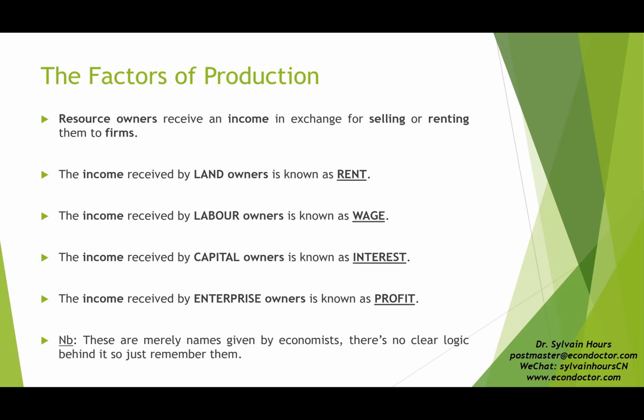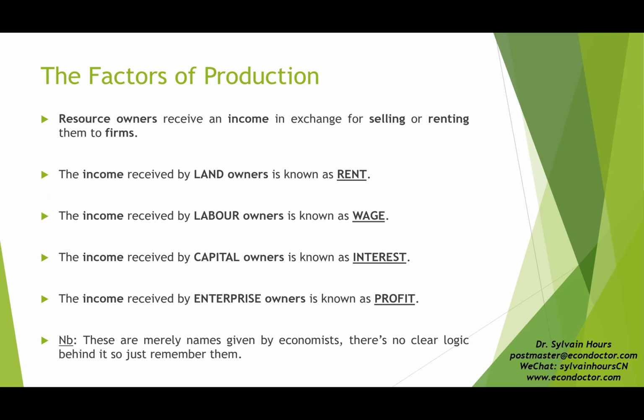But then land, why do we call that rent? Capital, why do we call that interest? I tried to read a lot to find some convincing explanation in textbooks. I tried to find some websites or some YouTube videos that would be able to explain this properly.